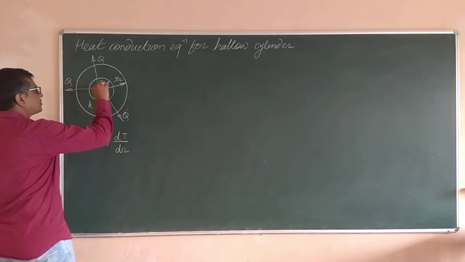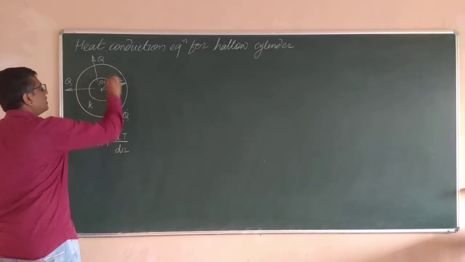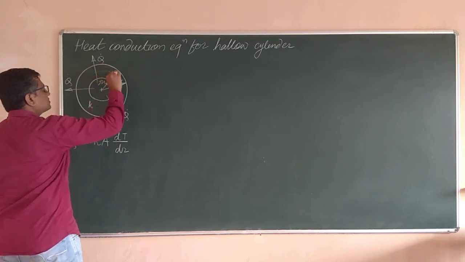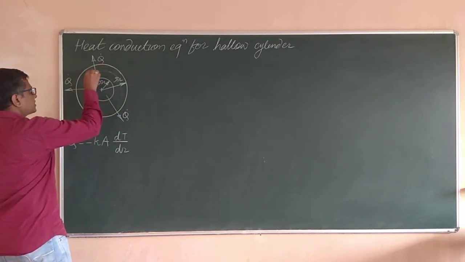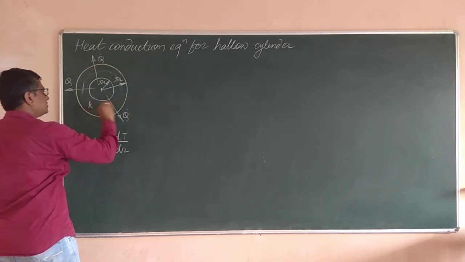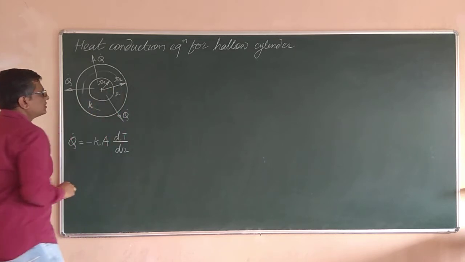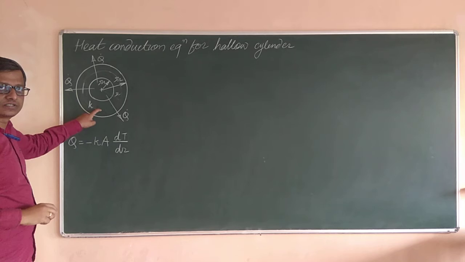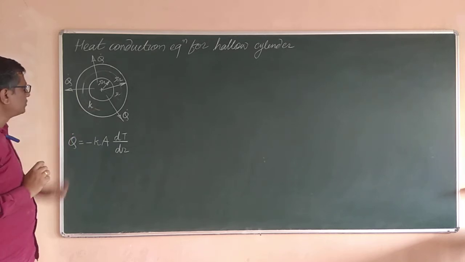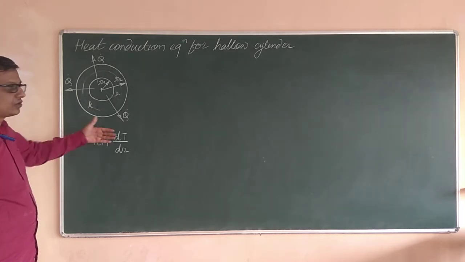Now if I take a certain radius r anywhere, and imagine a cylindrical surface having radius r, then the lateral surface area of the cylinder will be 2 pi r into the length L, where L is the length of the tube.